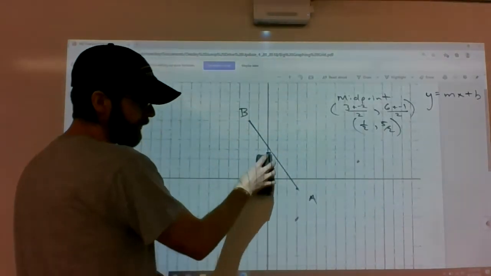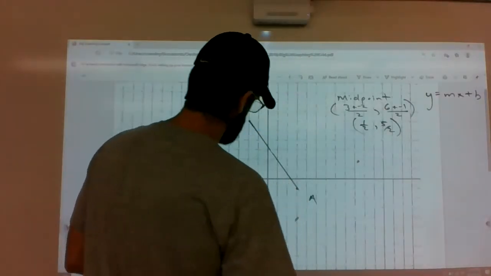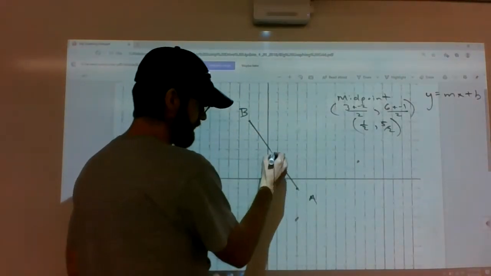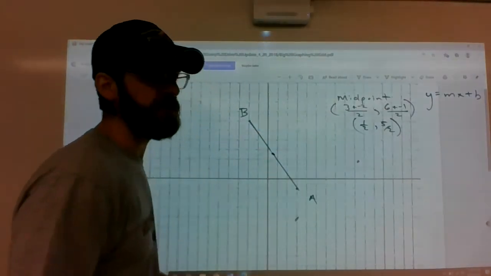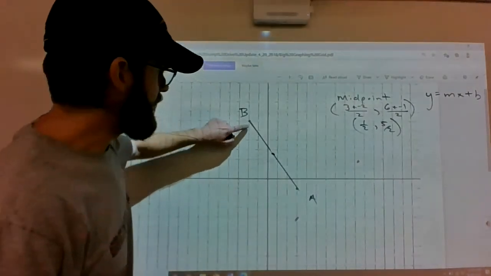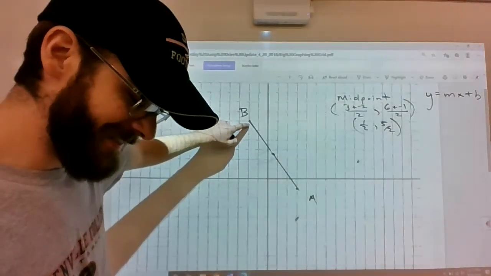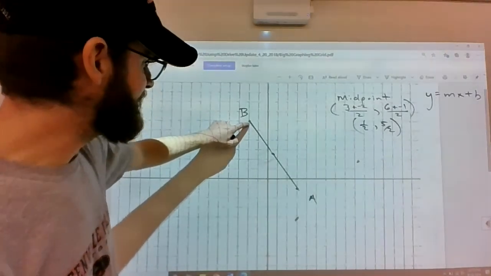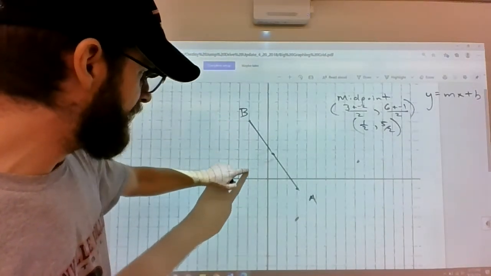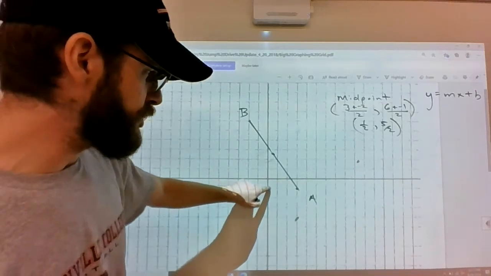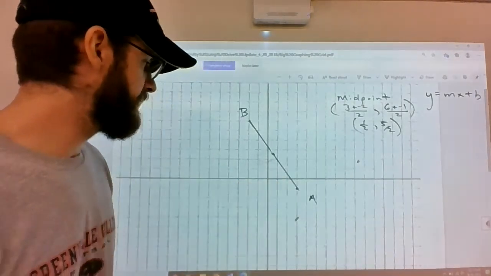We got our midpoint. It's like right here somewhere. I think that's a pretty good guess where it's at. Now, the slope of AB is down 1, 2, 3, 4, 5, 6, 7, right 1, 2, 3, 4, 5.